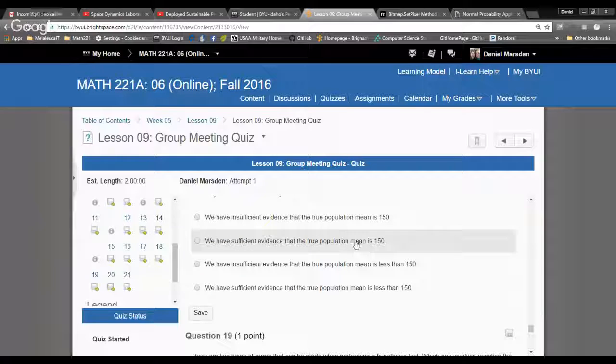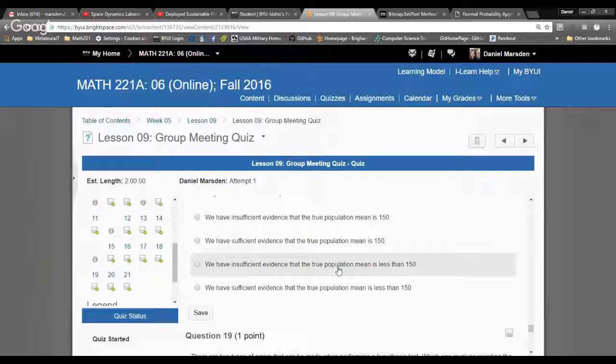Okay, what is your conclusion for this problem? We have insufficient evidence that the true population mean is 150. I don't know. So it's either A or C, right?